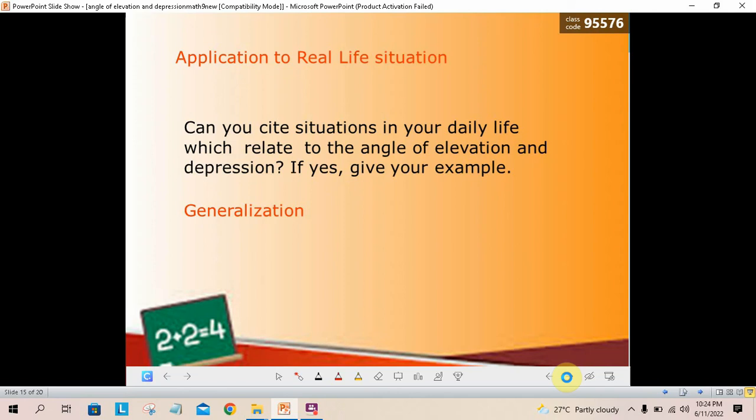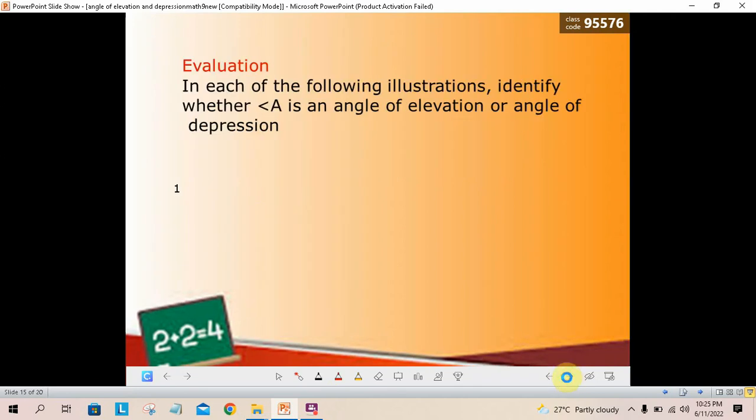So when we say elevation, it is an angle formed by the line of sight and the horizontal line once the observer looks up, while the angle of depression is an angle formed by the line of sight and the horizontal line once the observer will look down. Okay, so in each of the following illustration, we will identify now whether the angle A is an angle of elevation or angle of depression.